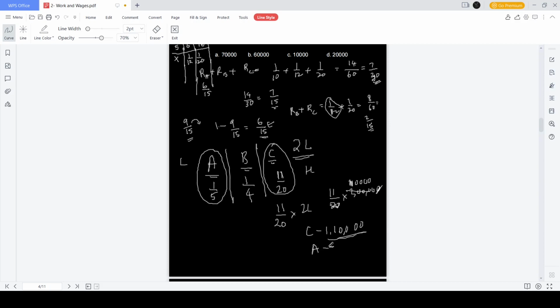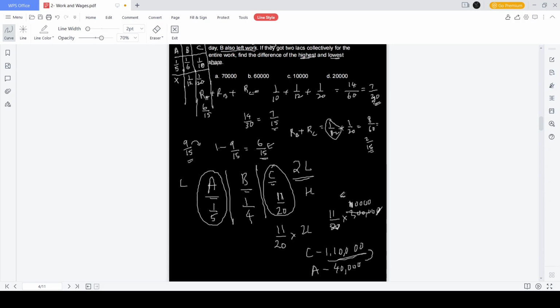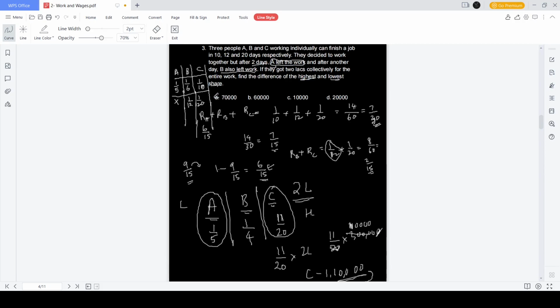And the amount A gets paid for doing the work is 40,000, because 1/5 into 2 lakh goes 4 times, 40,000. So the difference between these two is nothing but 70,000. So that is your answer. Highest and lowest share, the difference is 70k.